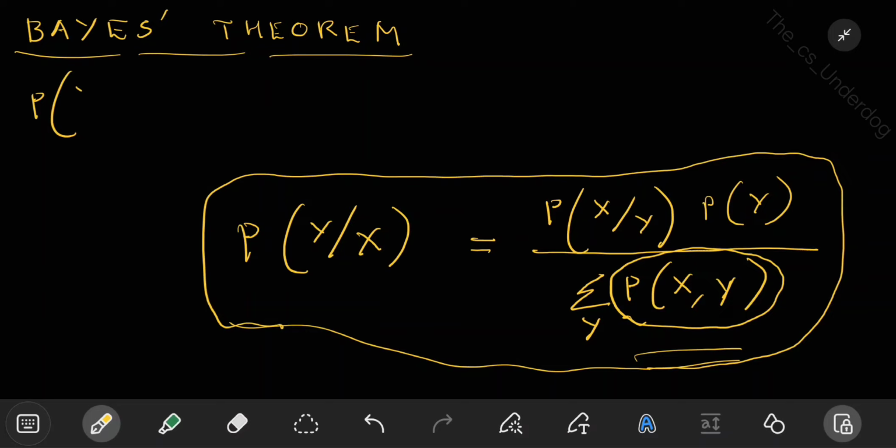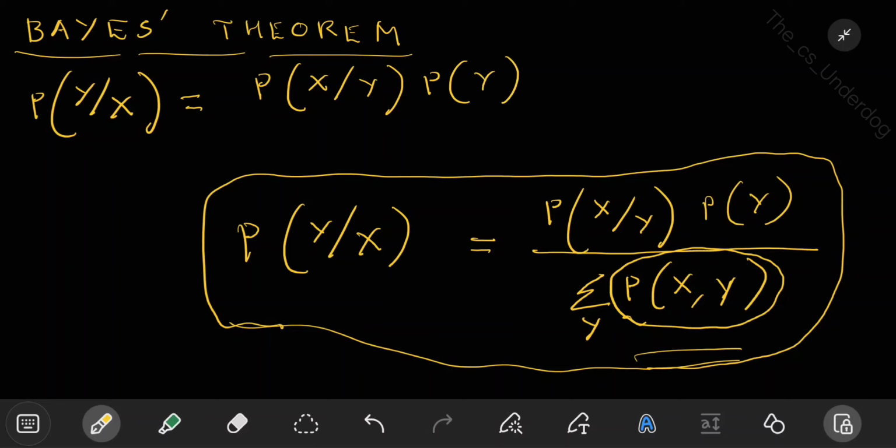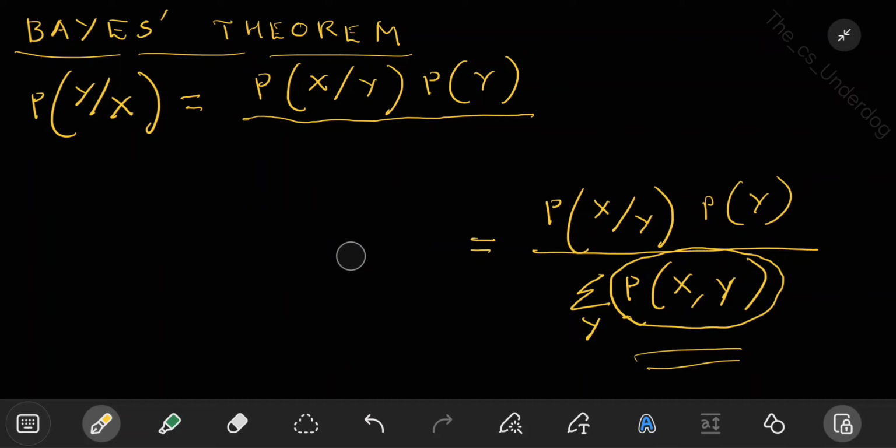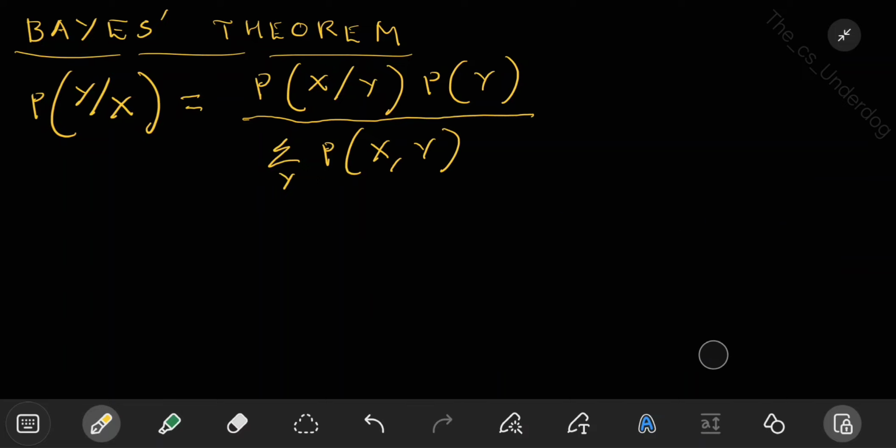P of y given x is equal to, just copying the result that we got, probability of x given y into P of y divided by the sum over all y of probability of x and y occurring together.